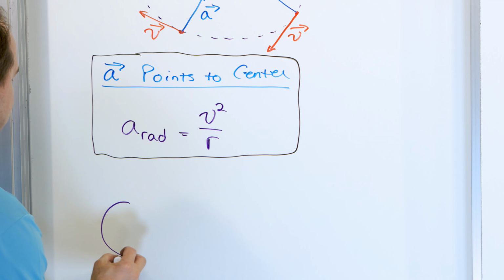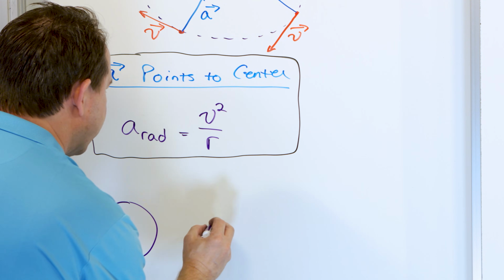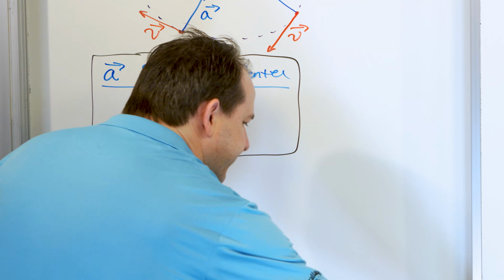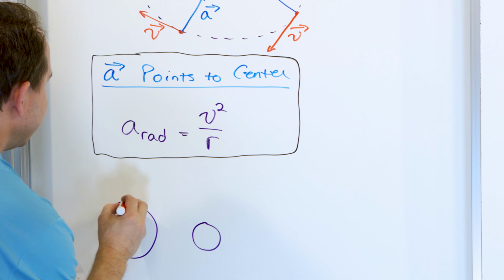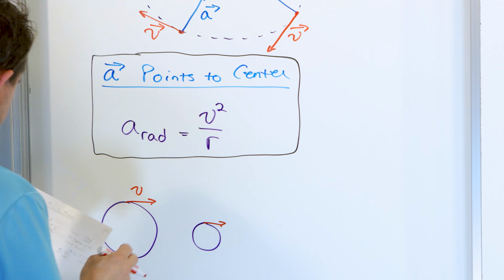Let's take a big circle like this, and let's take a small circle right next door with a smaller radius. And let's say that here I have exactly the same velocity, and I have exactly the same velocity right here.